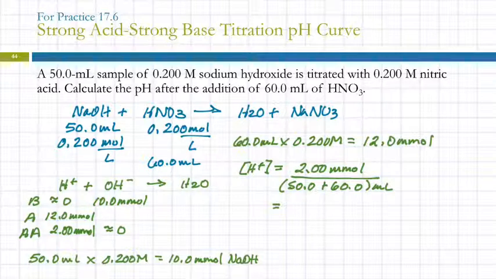So 2 divided by 110, right? So the molarity is 0.01818, repeating. pH then is the negative log of that.